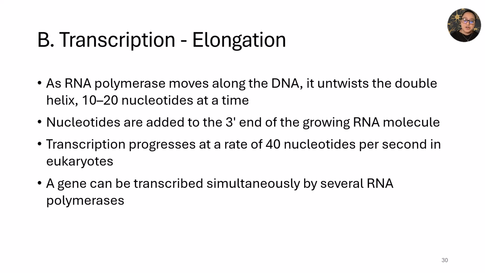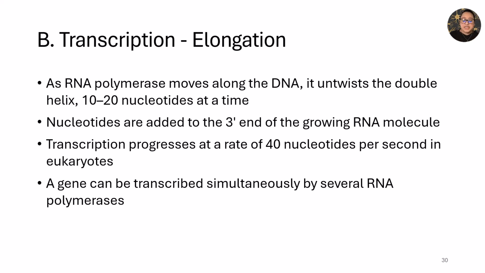As RNA polymerase moves along the DNA, it untwists the double helix 10 to 20 nucleotides at a time, so it can read them and then put down the nucleotides. Nucleotides are added at the 3 prime end of that growing molecule because that's how it has to happen at the chemical, molecular level. That's how you add them.